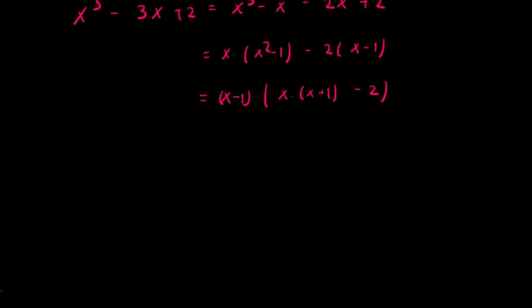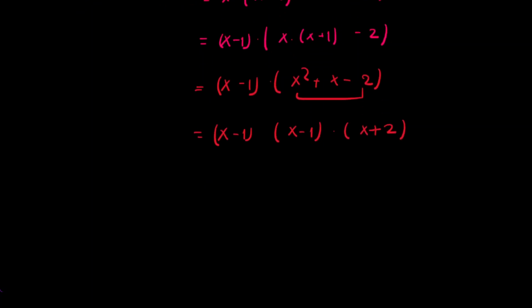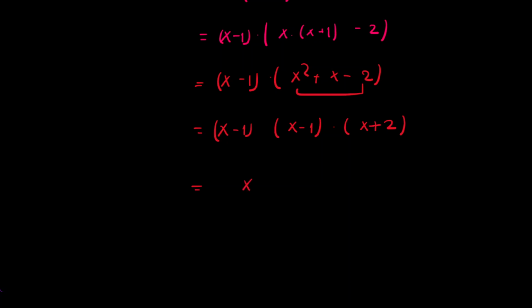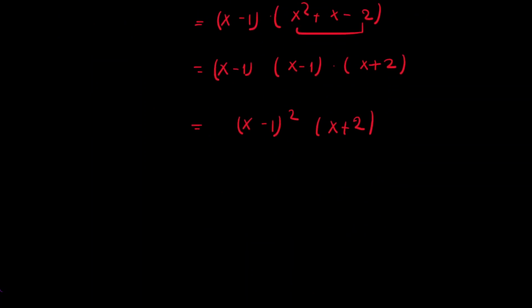You reduce this to a quadratic, and you can easily find the factorization: it's going to be (x minus 1) times (x plus 2). So this is a harder example, but it shows a very beautiful thing: you have a root with multiplicity. So here we have this polynomial.